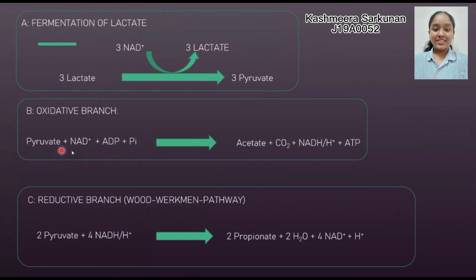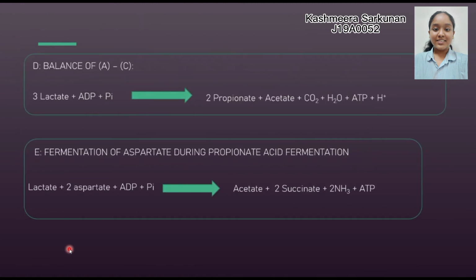One of the pyruvate will be oxidized to become acetate, and stoichiometrically the other two will undergo the reductive pathway, forming two propionate. So when we balance it out, we get 3 lactate forming 2 propionate, acetate, carbon dioxide, water, ATP, and hydrogen ion.